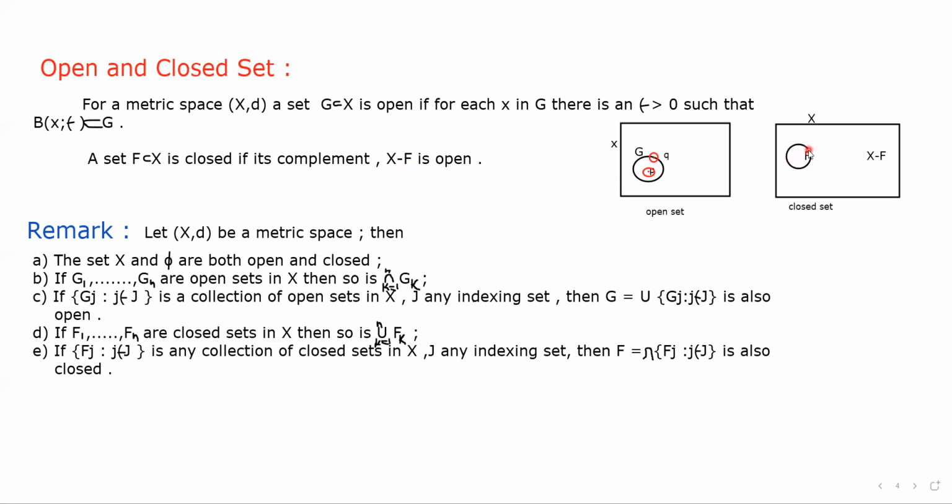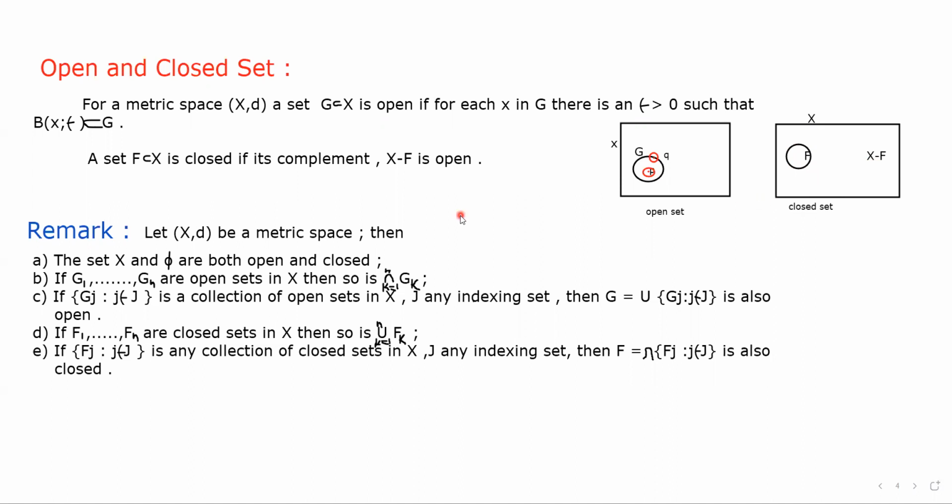So if we partition X into X minus F and F, we get F as a closed set because F includes the boundary points and it is a closed set. Okay, these are the open and closed sets.